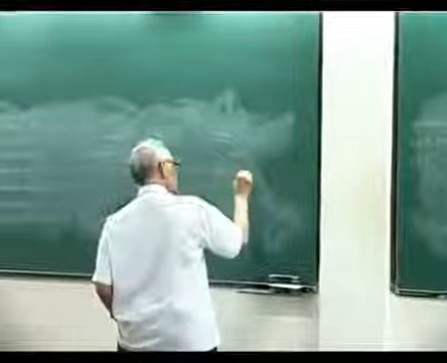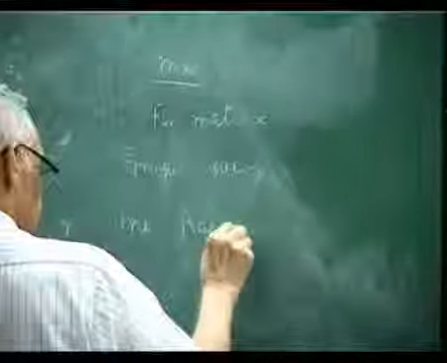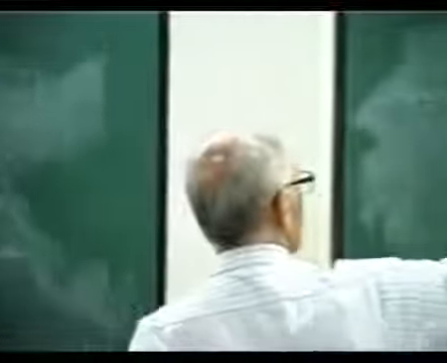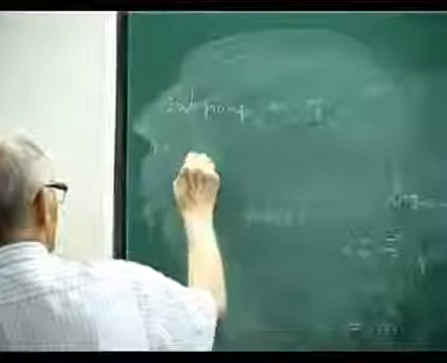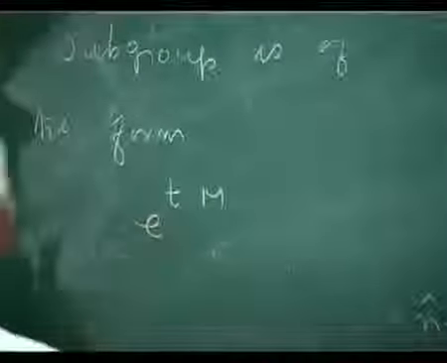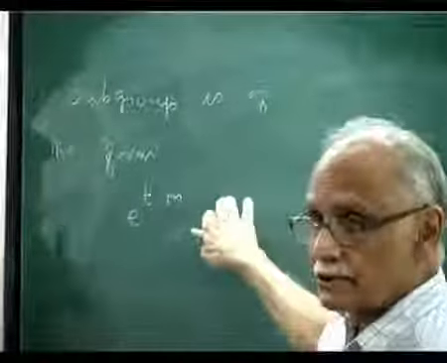Every one parameter subgroup is of the form exponential T times some M. M is some fixed matrix. Okay. We will be able to easily find out what are the allowed M's. Okay.